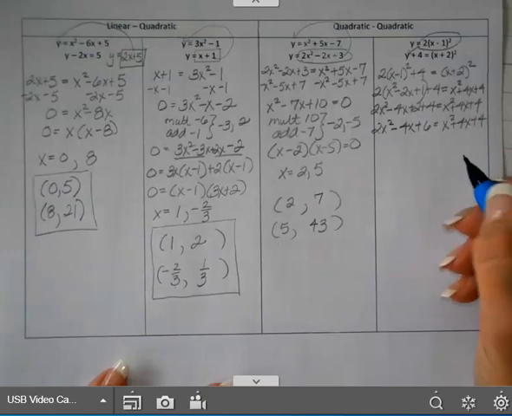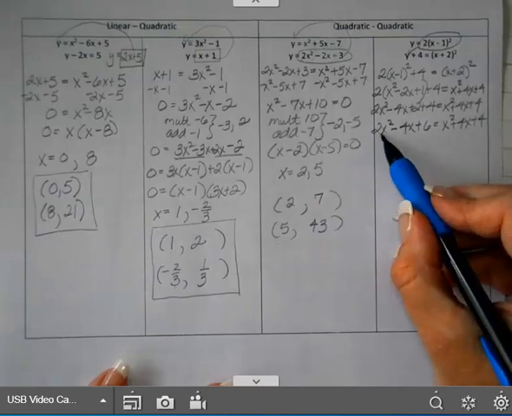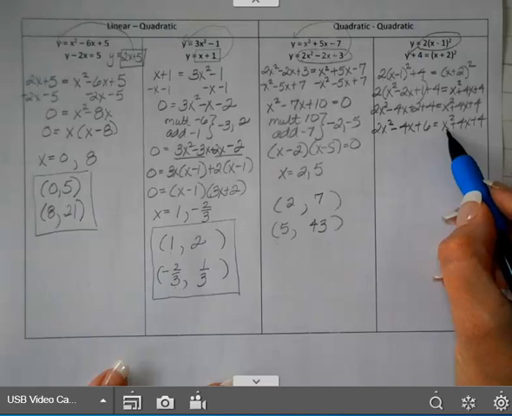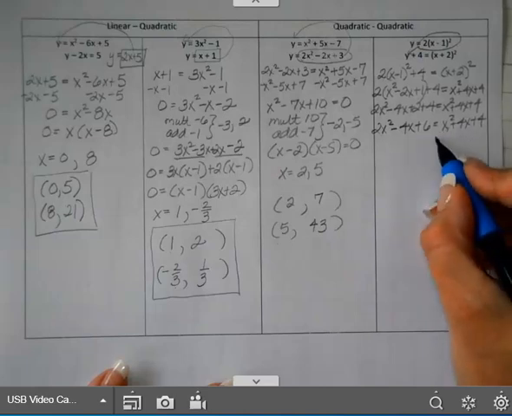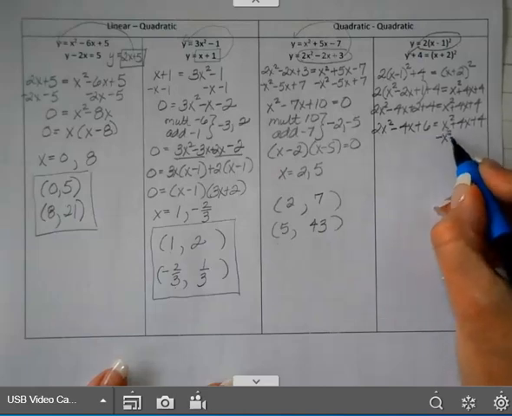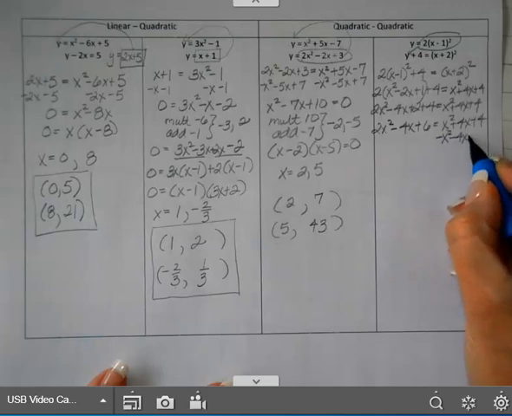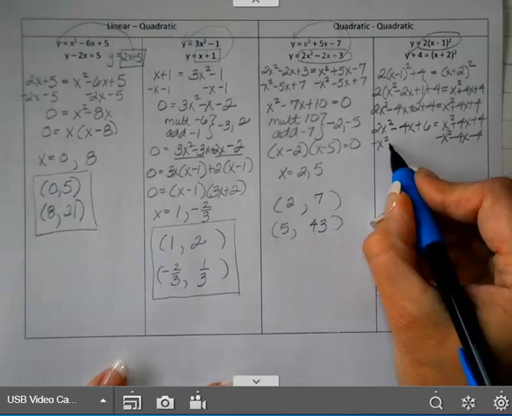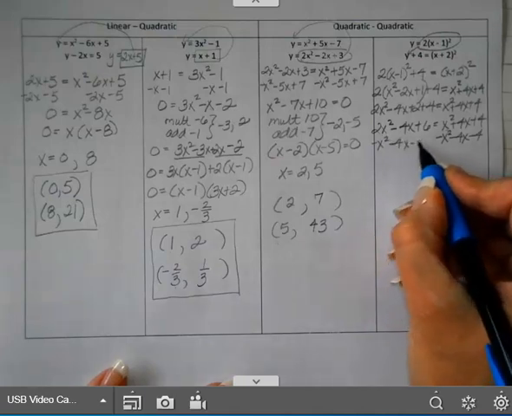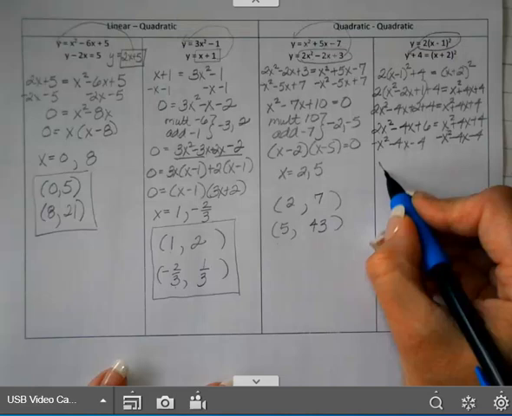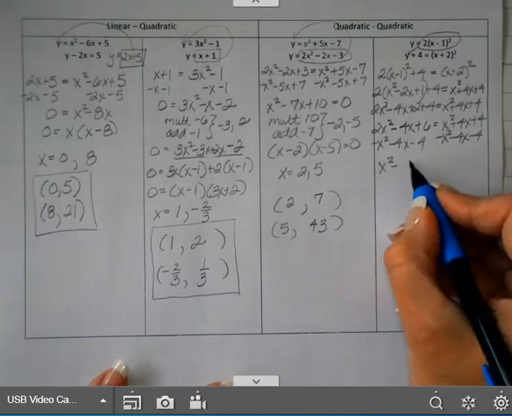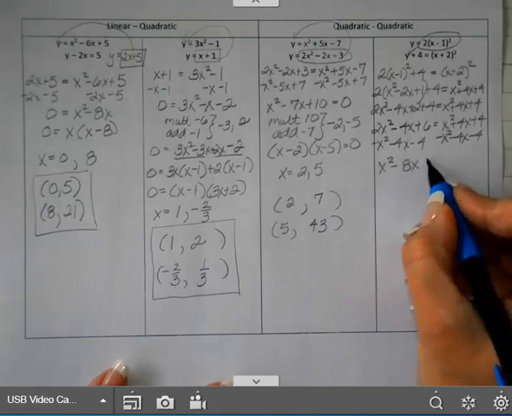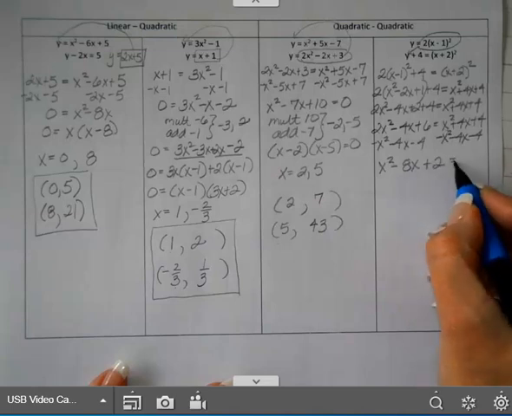I want to set this equal to 0. This squared term is larger than this one, so I'm going to move this one to the other side. So let's subtract x squared, subtract 4x, and subtract 4 from both sides. And so I end up with x squared minus 8x plus 2 equals 0.